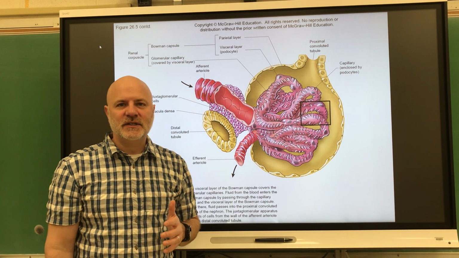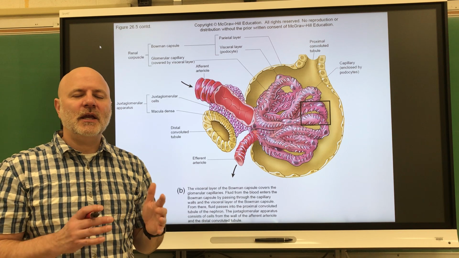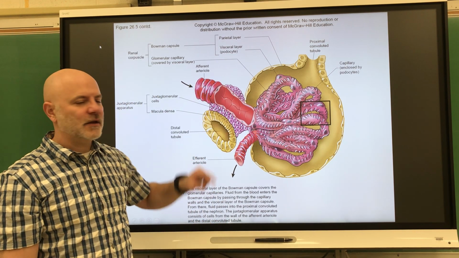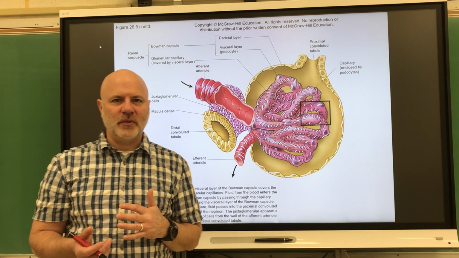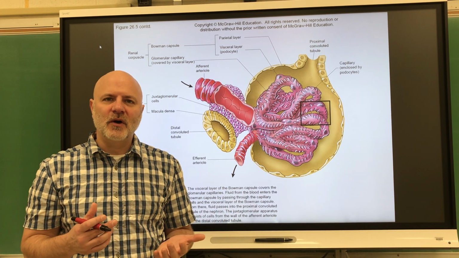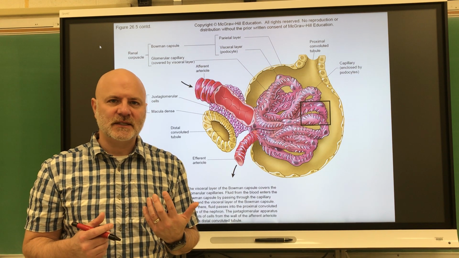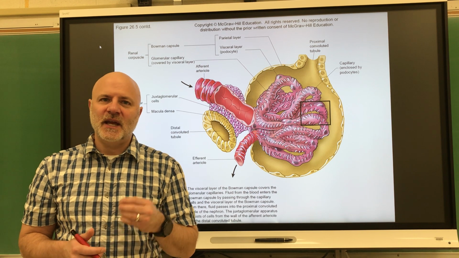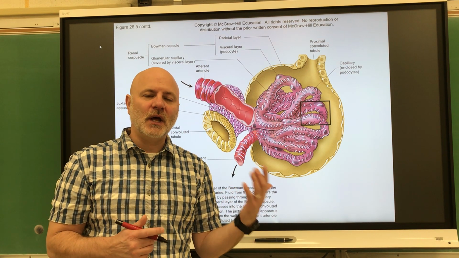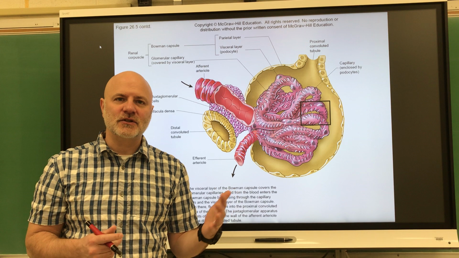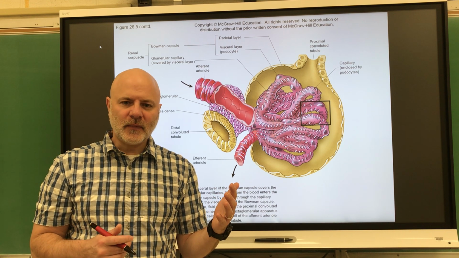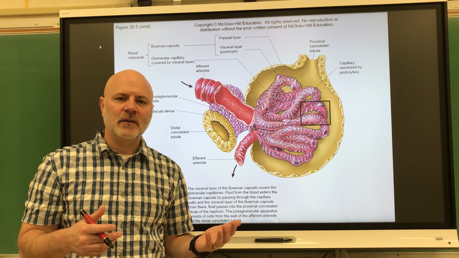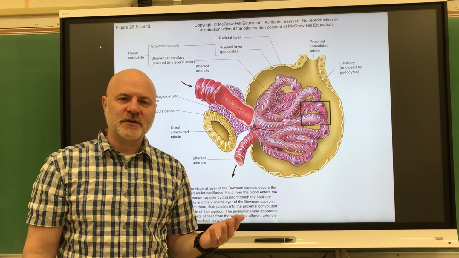Next is the renin-angiotensin system. Here, if systemic blood pressure drops, those juxtaglomerular cells are going to secrete renin into the blood. Renin is going to decompose a plasma protein known as angiotensinogen. So angiotensinogen is converted into angiotensin 1. Angiotensin 1 then goes to our lungs and is converted into angiotensin 2 by those type 1 pneumocytes that we talk about in the respiratory system.